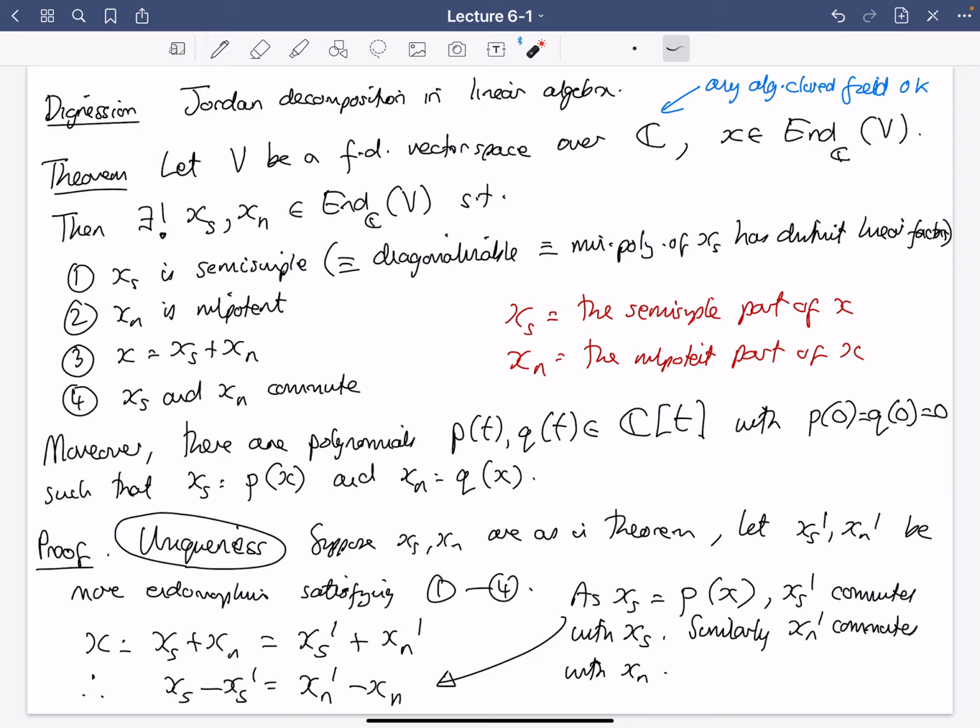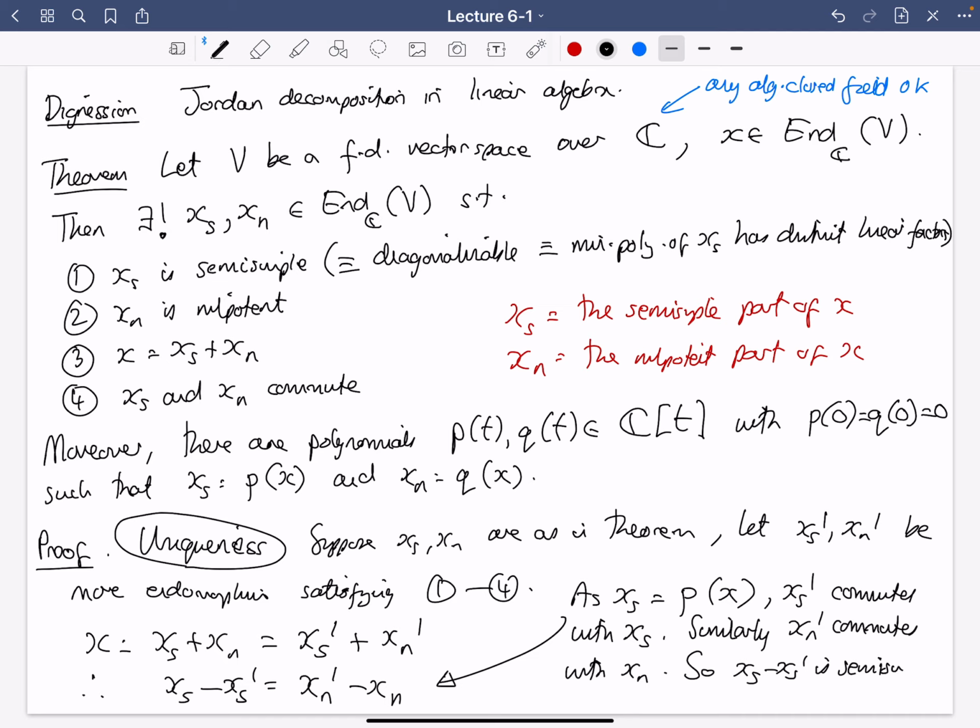Now, if you have two commuting diagonalizable matrices, you can simultaneously diagonalize them. So xs and xs prime are simultaneously diagonalizable, so the difference xs minus xs prime is itself diagonalizable.